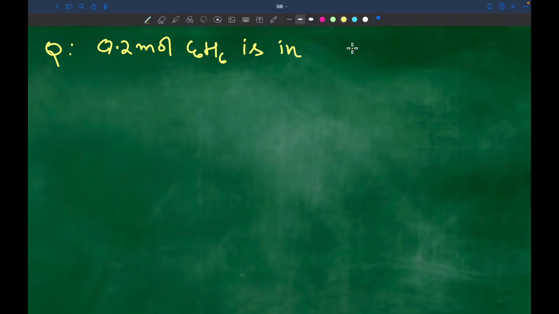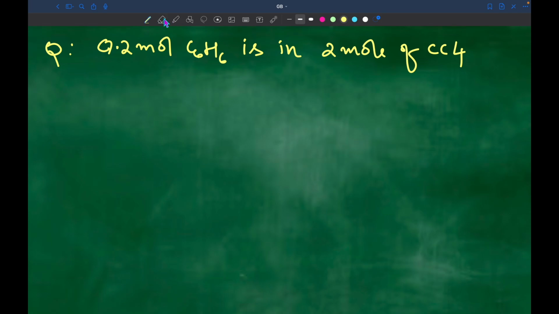We'll try to solve one question here, right? 0.2 moles of C6H6 is in, I'll take 2 moles of CCl4.